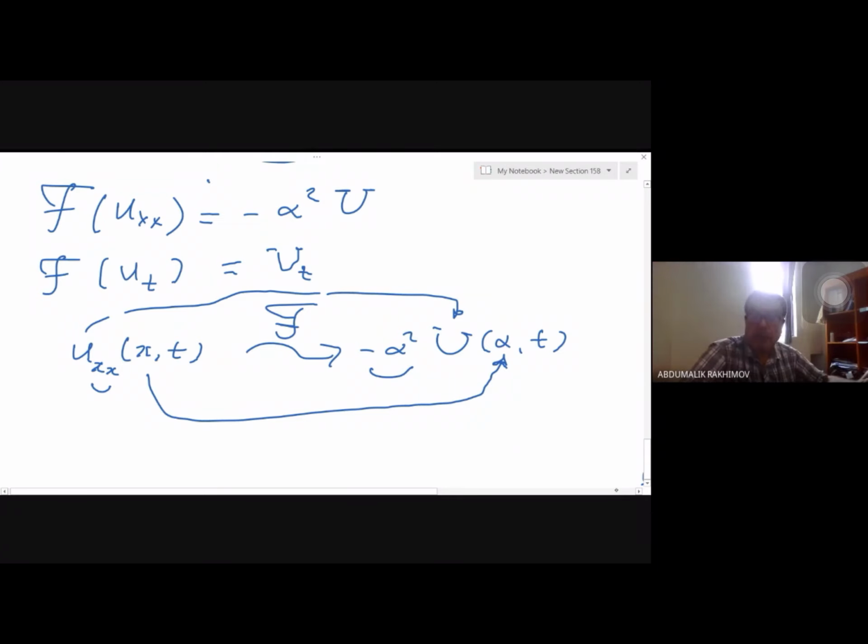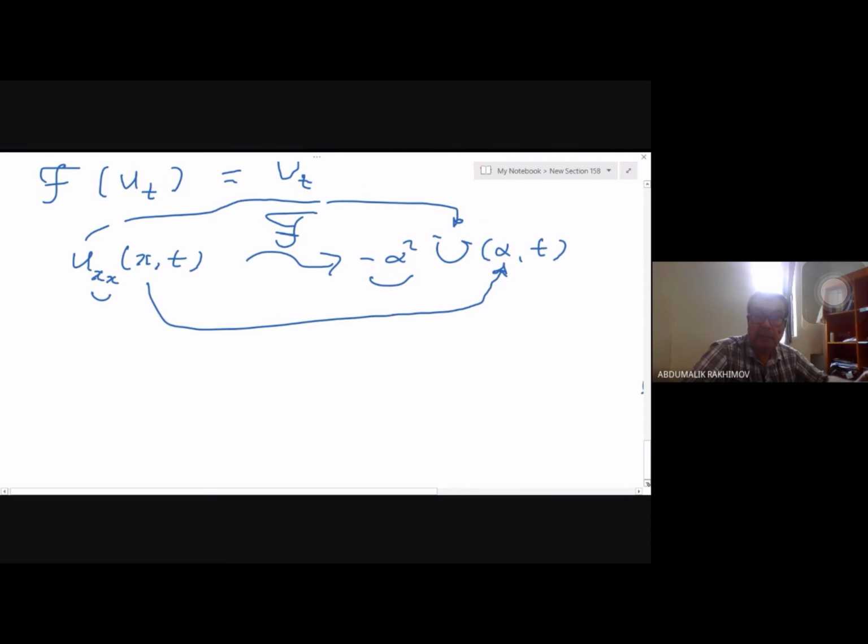Clear? In previous classes, when we studied Laplace transformation, we used transformation with respect to time. Now we are using Fourier transformation with respect to position. The same: if you have a function u(x,t), its Fourier image is just U(α,t).